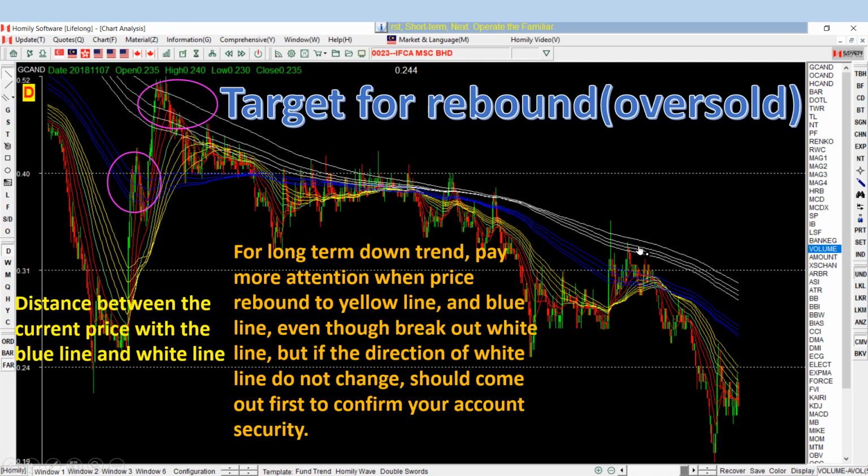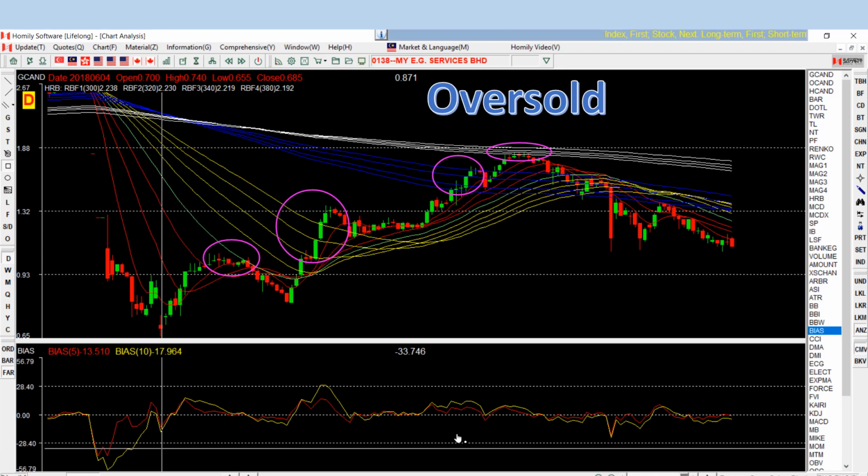And here also it will reach the important resistance. So we can see this one, MyG, it is very famous also. This one had a limit drop for 2 days. Then it turns to downtrend, it turns to downtrend here.